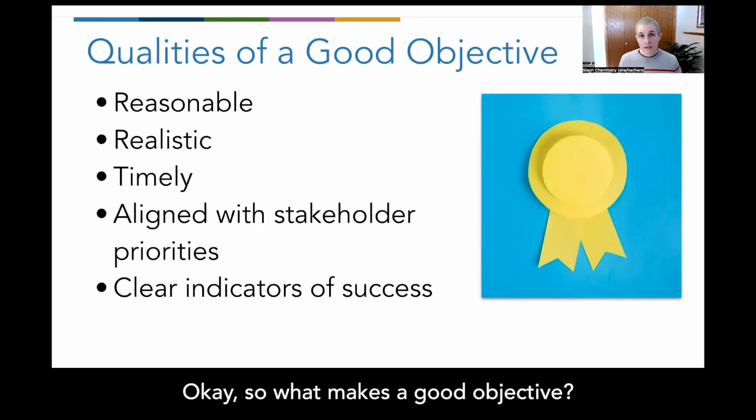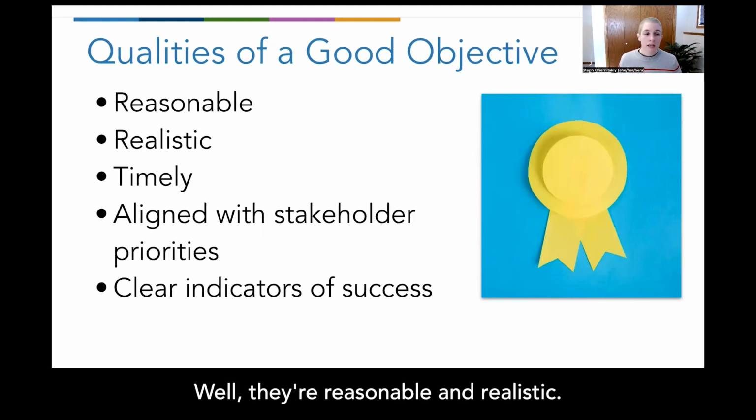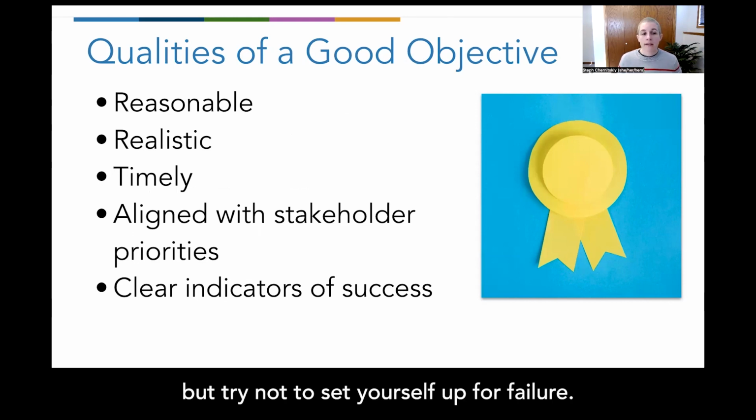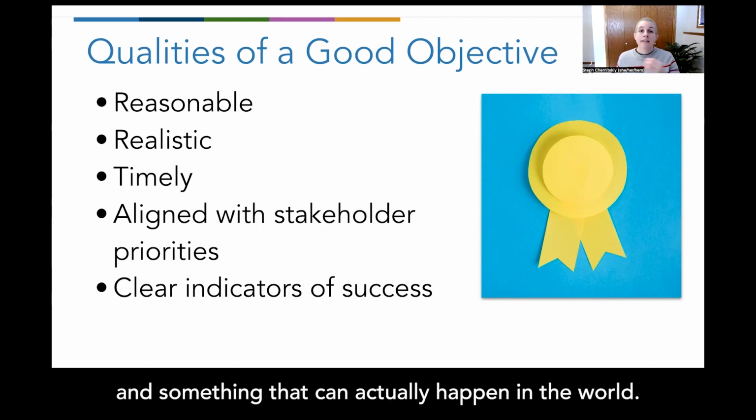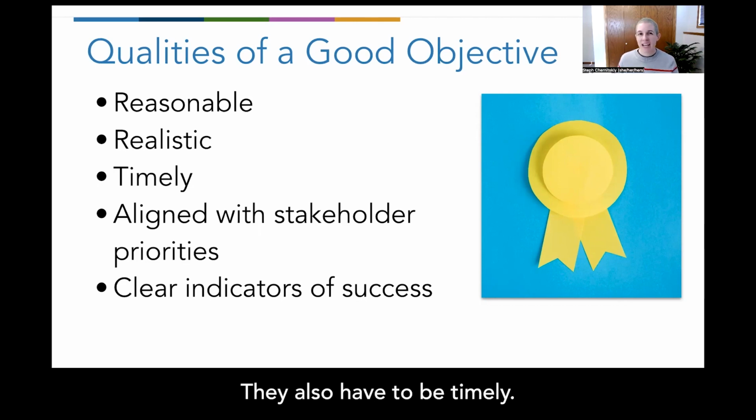Okay, so what makes a good objective? Well, they're reasonable and realistic. That means that they're things that can actually be achieved. It's okay to be a bit aspirational, but try not to set yourself up for failure. So it's something that both you have the time and resources to do, and something that can actually happen in the world. They also have to be timely.